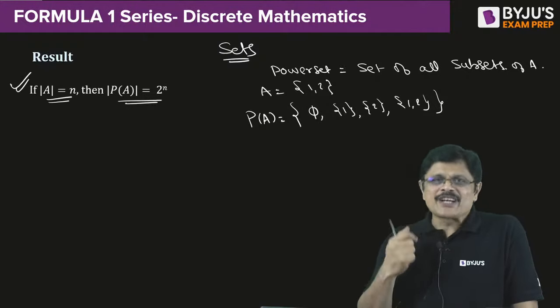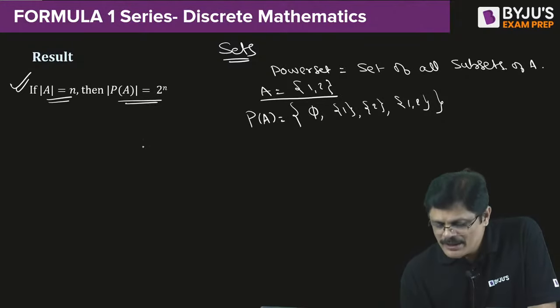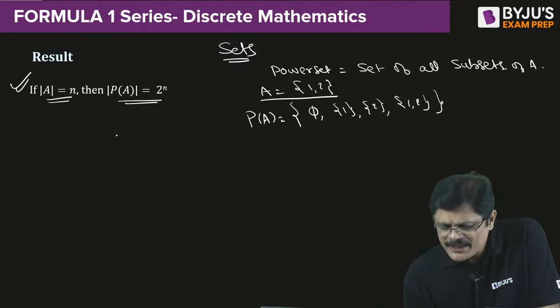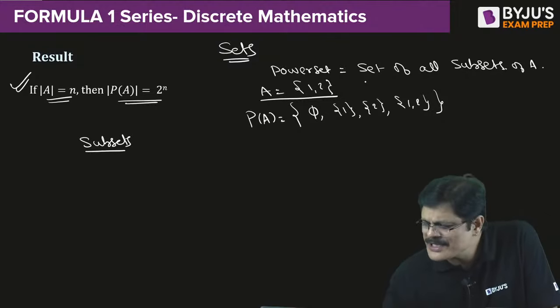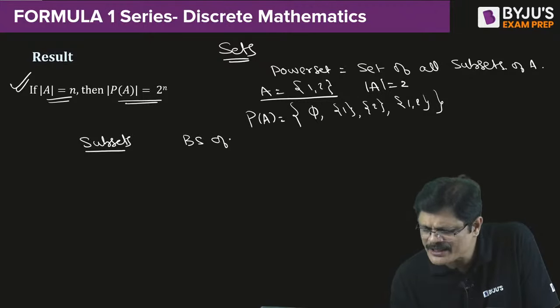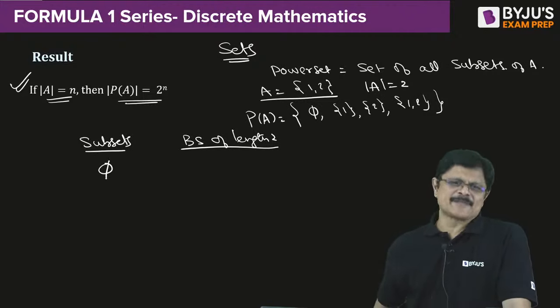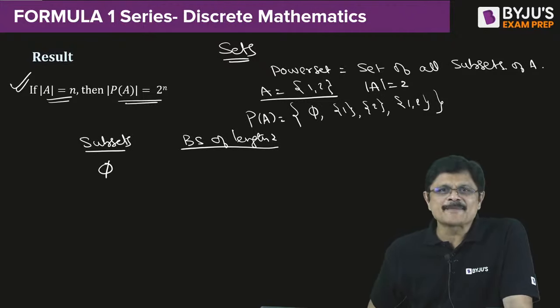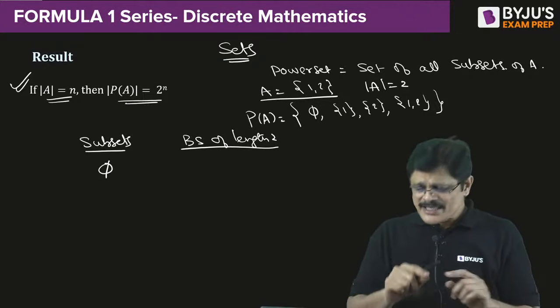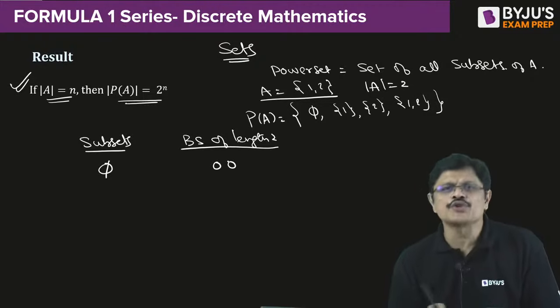See here, what actually happens is, suppose A is 1, 2. Here I write the subset. How many elements are there in set A? 2 elements. I'll write binary strings of length 2. Now look here, the empty set is a subset. Empty means 1 is absent, 2 is absent. So I'll give the binary string 0, 0.